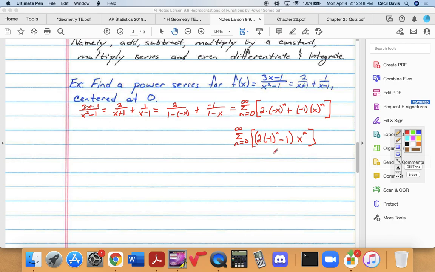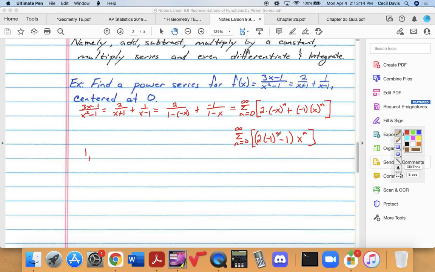So this is some sort of 2 times negative 1 to the nth minus 1. That might be simplifiable. I don't know what it would be. Maybe. Now I have to look. So if n is 0, that's going to be 2 minus 1 is 1.